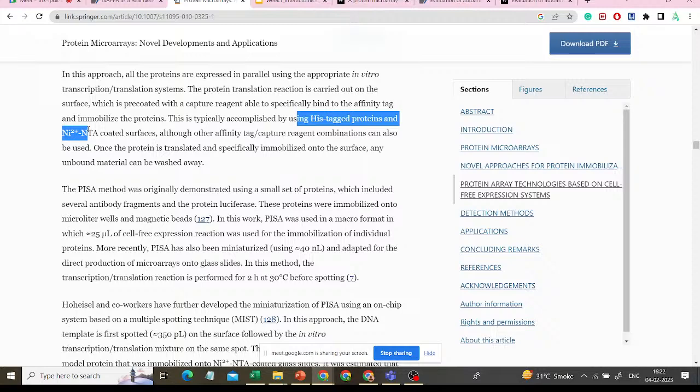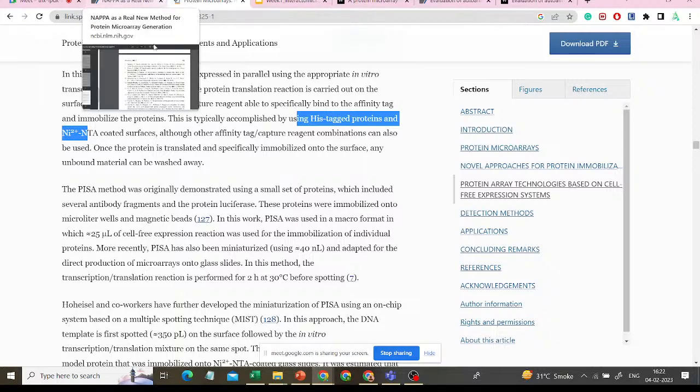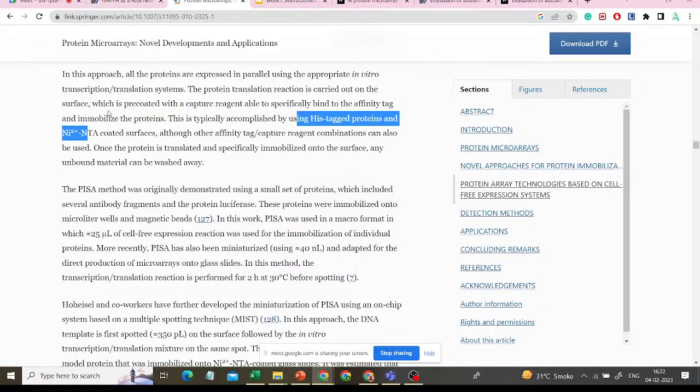Here you can see that it is accomplished by using His tag proteins and nickel NTA coated surfaces. In your cell expression system, the gene has been tagged so that it produces His tag proteins, proteins containing a series of histidines at the end.